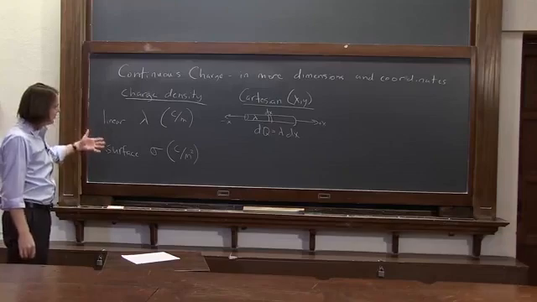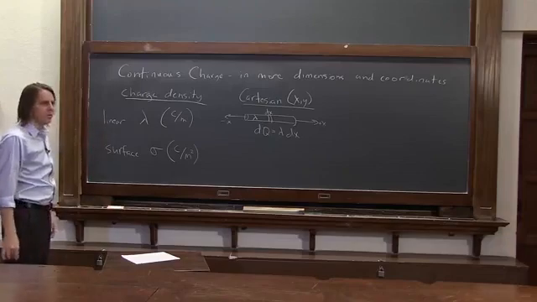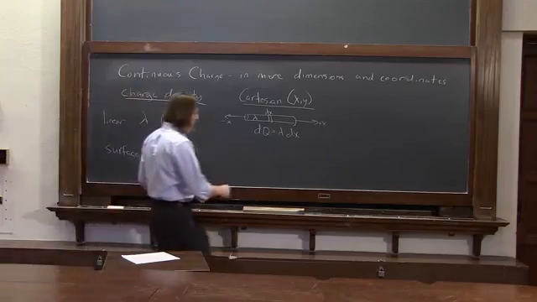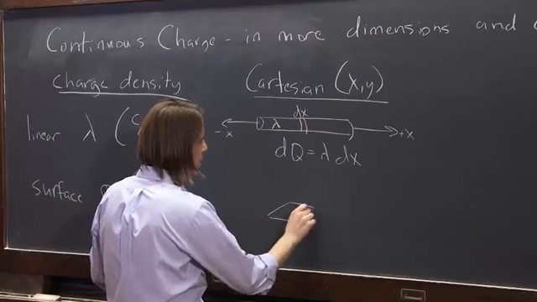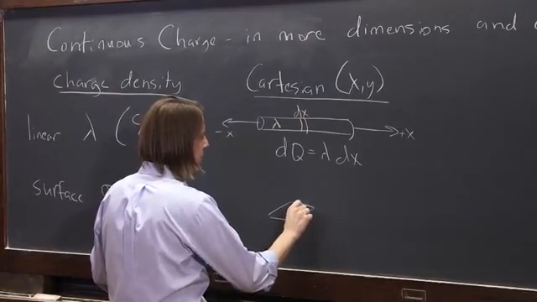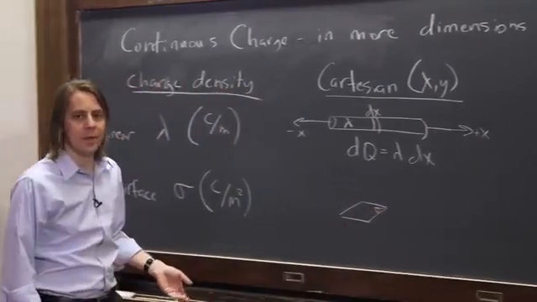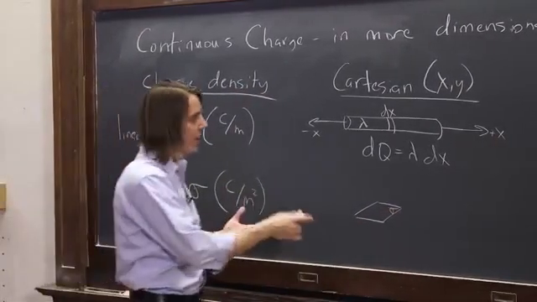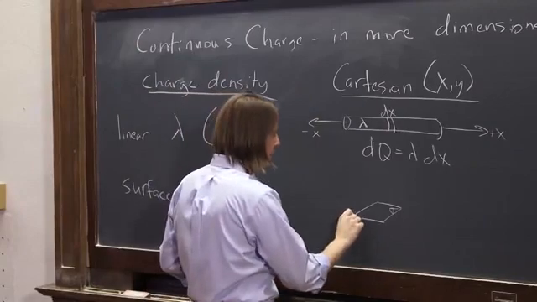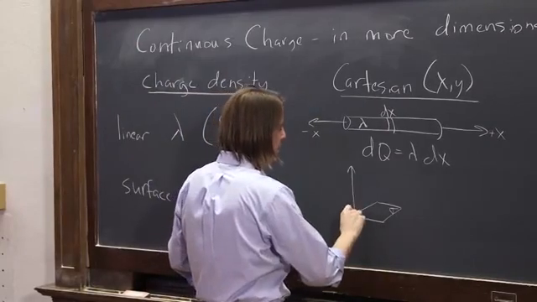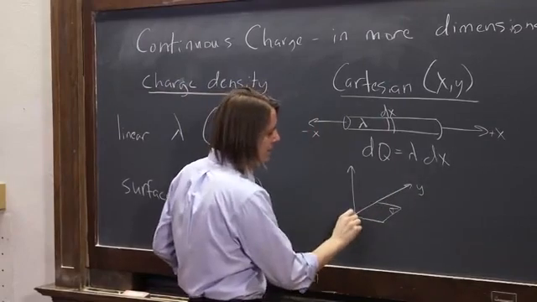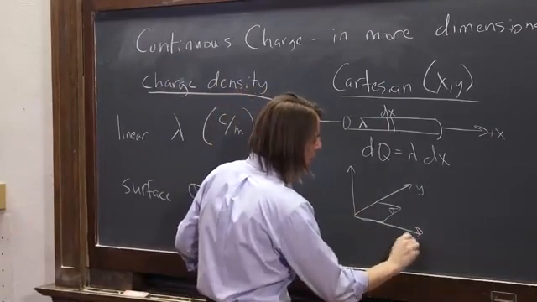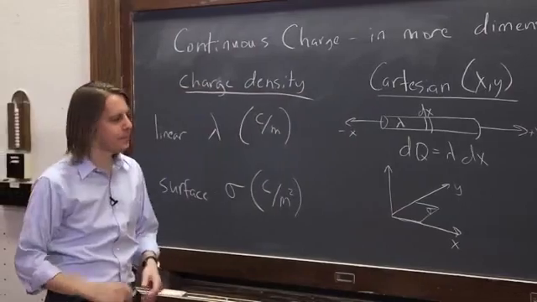So now, what if we were faced with a surface charge? We might be given a square with charge density sigma. Well, if you're going to treat a square in Cartesian coordinates, which of course is the way to do it, you might say we'll put one side on the y-axis and one side on the x-axis like that.